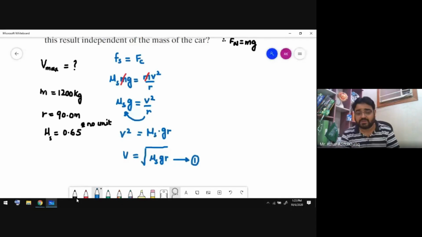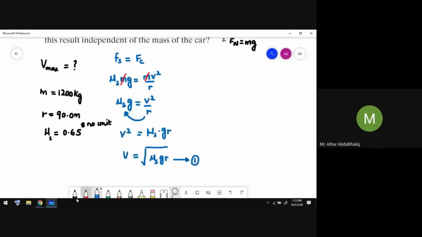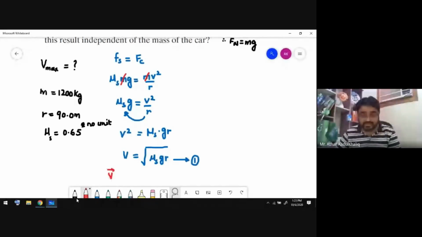This relation tells us that velocity v is independent of the mass. It will not be affected by mass. Whatever the mass is, velocity is not going to be affected.